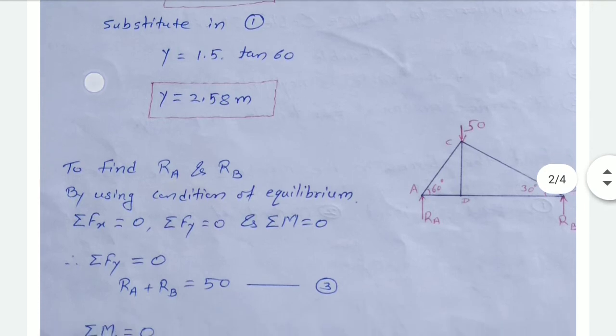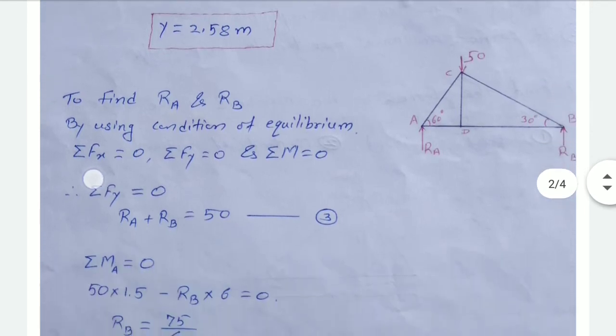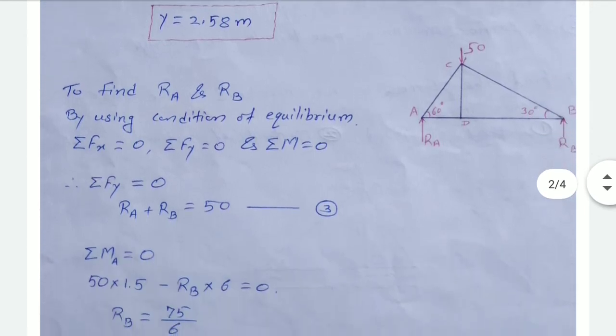Now we have the dimensions. Next we have to find the reaction forces, that is Ra and Rb, because we know that the point load is 50. For the conditions of equilibrium, we know that summation of Fx is equal to 0, summation of Fy is equal to 0, and summation of moments is also 0.